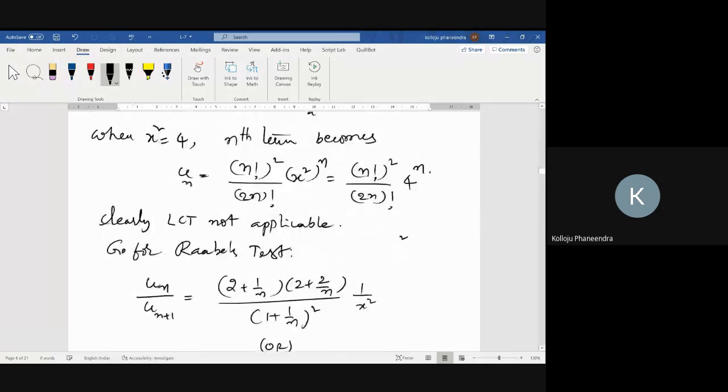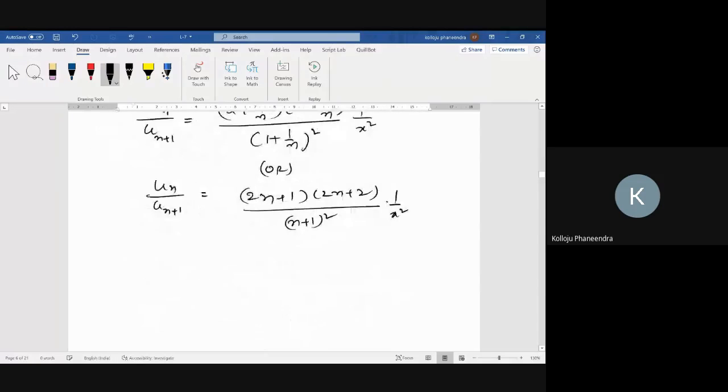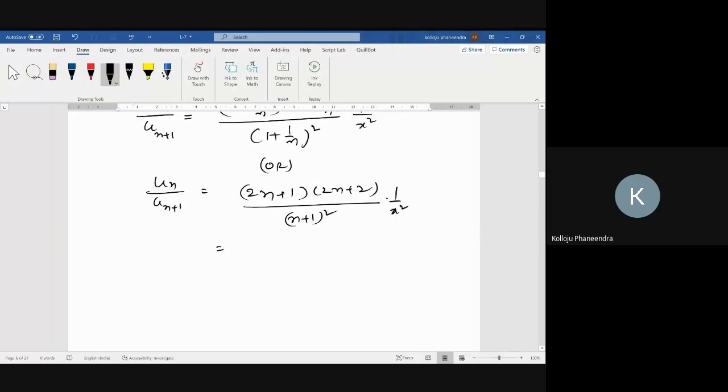And what is x square value? 4. So this is 4, means what you will get? 2n plus 1, 2n plus 2 by 4 into n plus 1 whole square.